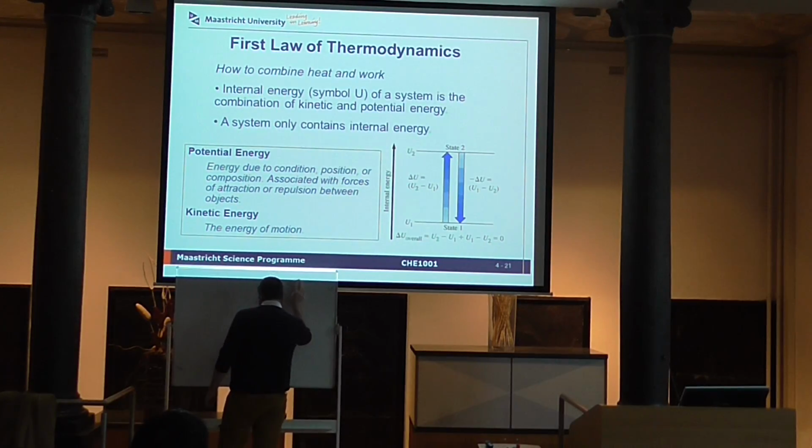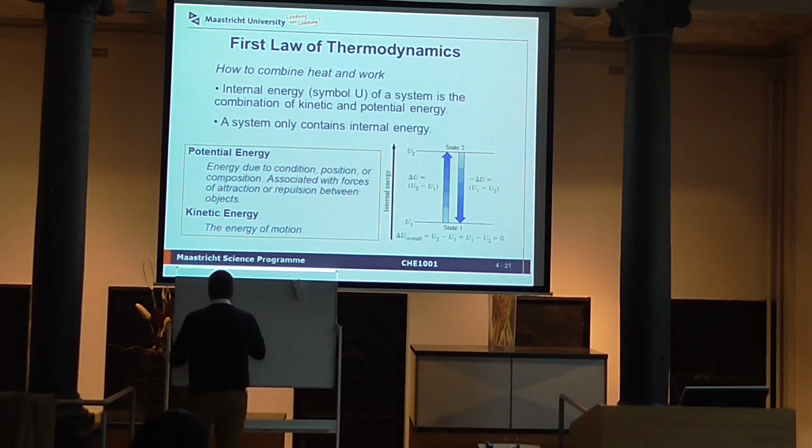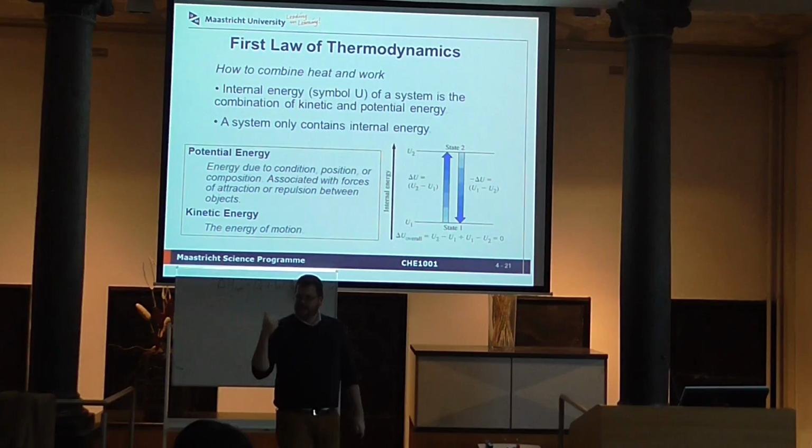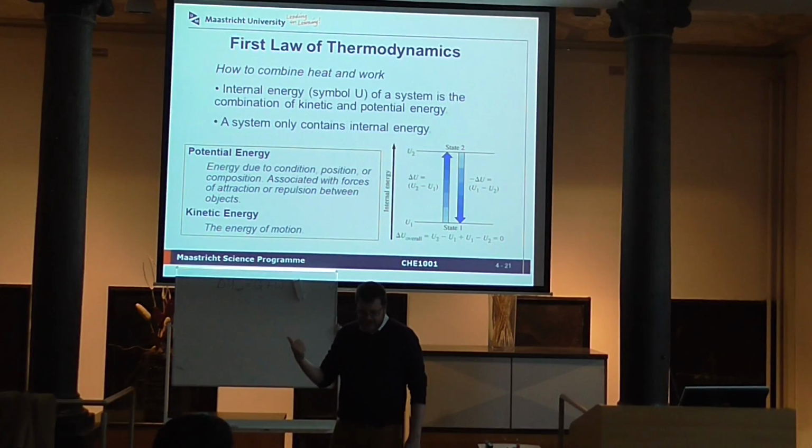The change in the internal energy of a thermodynamic system equals the change in heat energy delivered to or lost by the system, and the work done on or by the system.